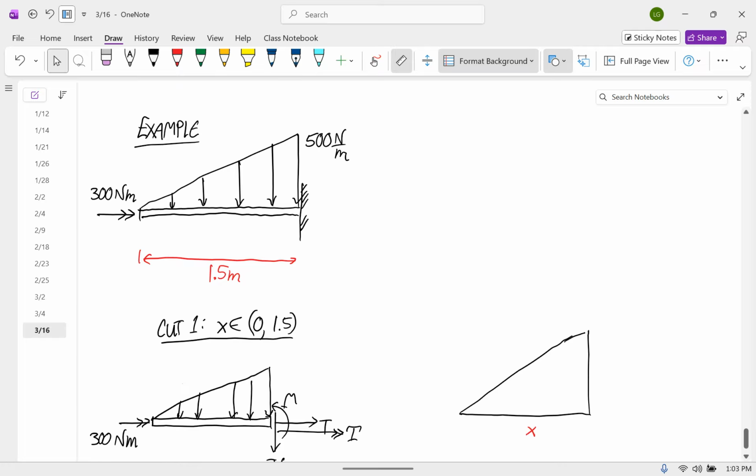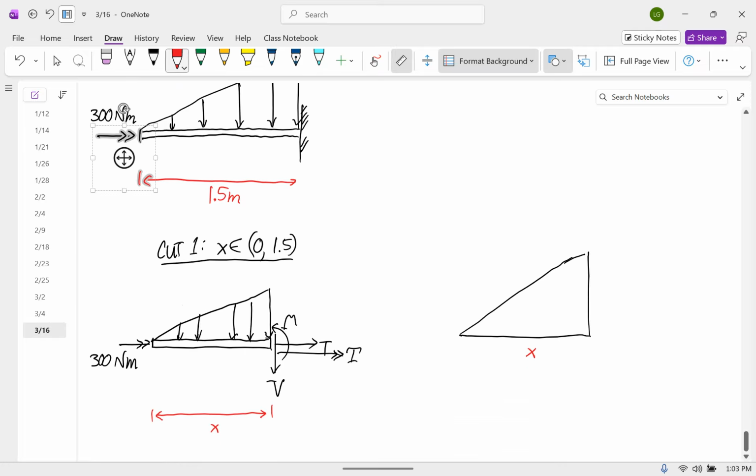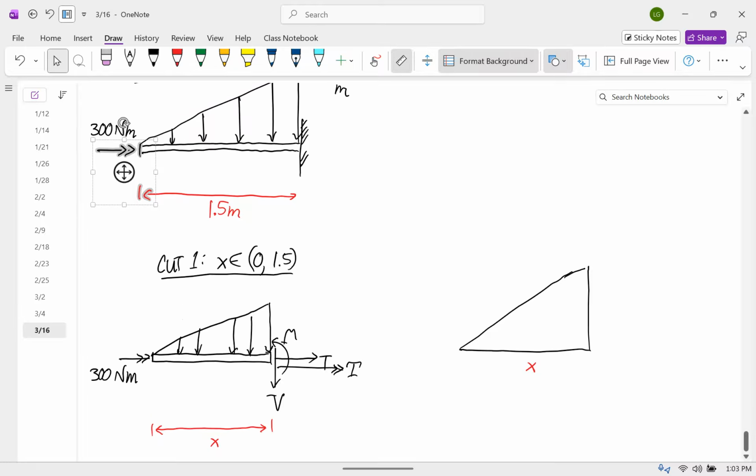But the height of this is not 500 because this has to represent cuts, okay? So this length X could be 1 centimeter, or it could be 1.49 meters, or anywhere in between. And so we have to represent the height over here as a function of X, okay?